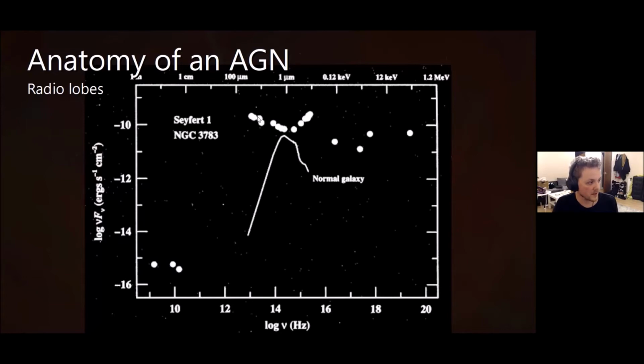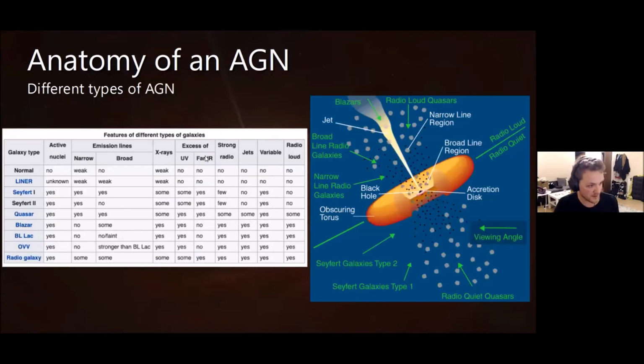This is towards the optical, and then once you go to infrared, and towards higher energies, ultraviolet, you have even more, and you also have quite a significant amount of X-ray emission. Some AGNs tend to not have too much radio emission. Some AGNs tend to have quite a bit.